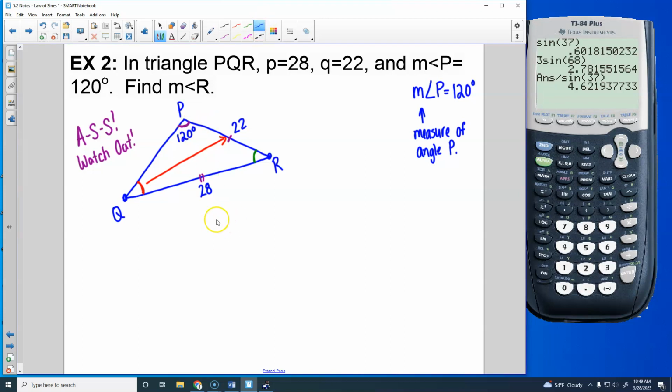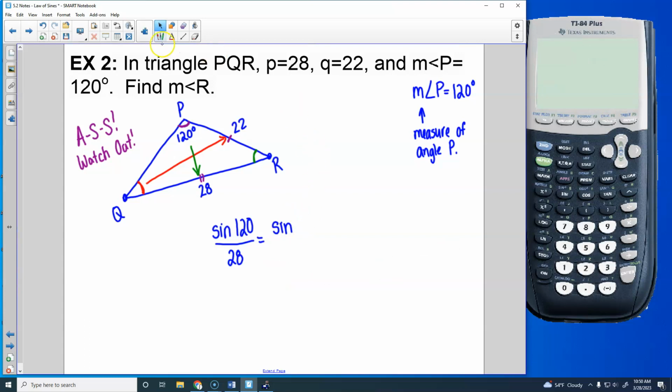So we're going to set up, I've got angle P and side P, so I want to use that. I've got sine of 120 over 28. And then I don't know Q, so I'm going to have sine of Q over side Q, which is 22.